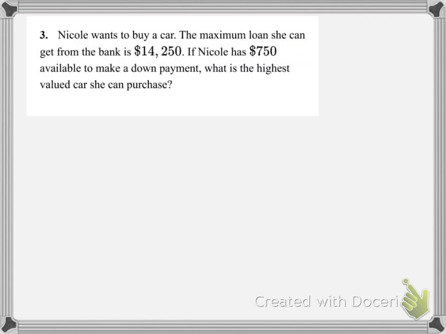Nicole wants to buy a car. The maximum loan she can get from the bank is $14,250. If Nicole has $750 available to make a down payment, what is the highest valued car she can purchase? So now we're finding cost. The loan amount is $14,250. Okay?